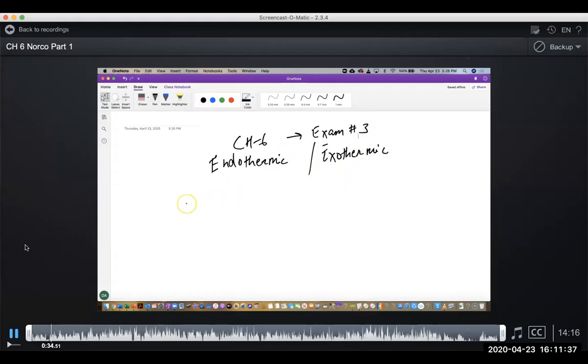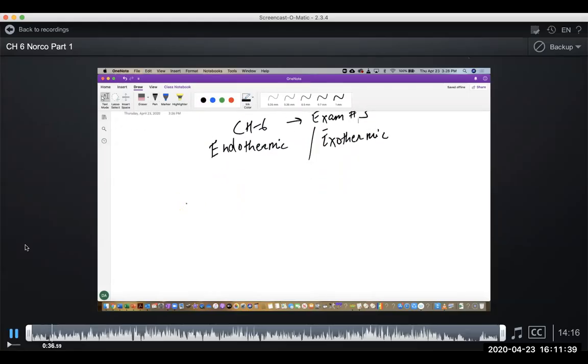All right. So guys, let's take some examples again for endothermic and exothermic. If we start talking about solids, liquids, and gases, let's say you have a solid that you're trying to change into a liquid, and then a liquid you're trying to change into a gas. Say you have solid water, which is ice, and you change it into liquid water, and then into water vapor, so gaseous water or steam.